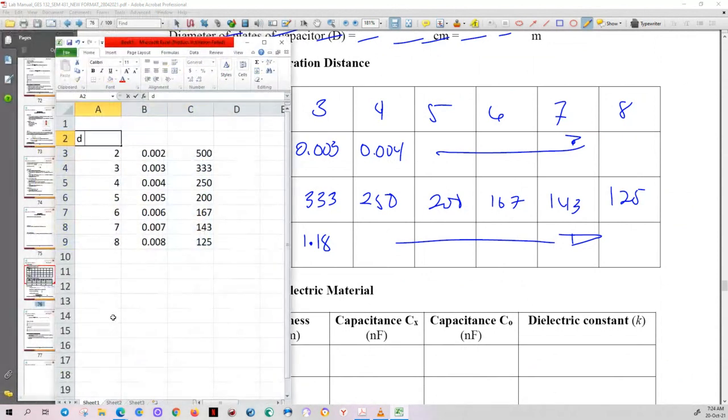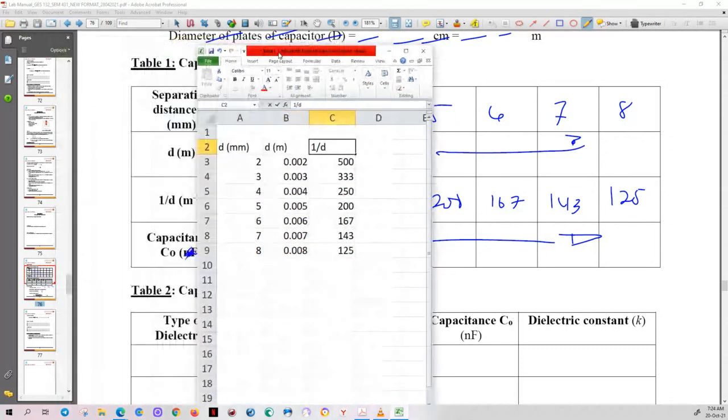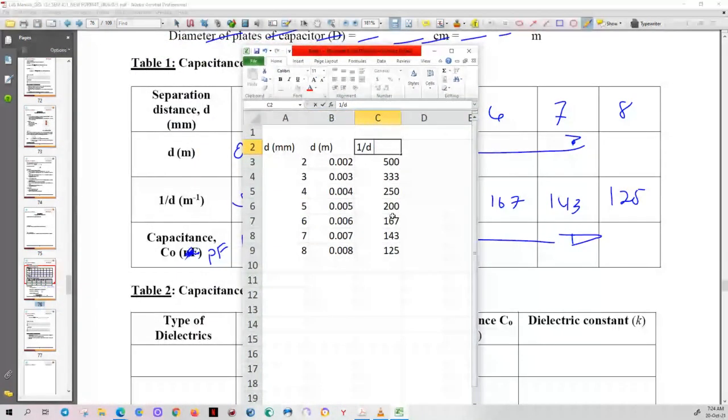This is the separation distance between the plates in millimeter. This is the separation distance between the plates in meter. And this is 1 over D, and the unit is given in meter raised to minus 1.